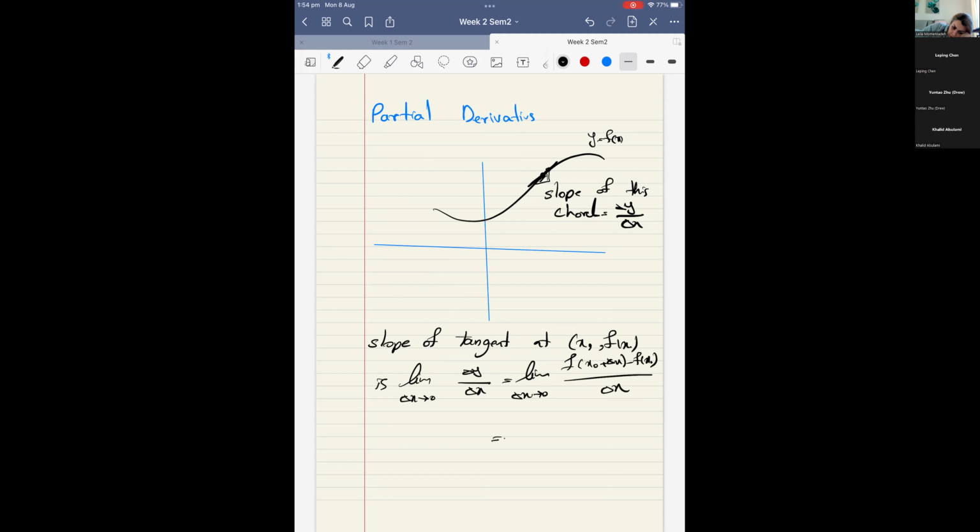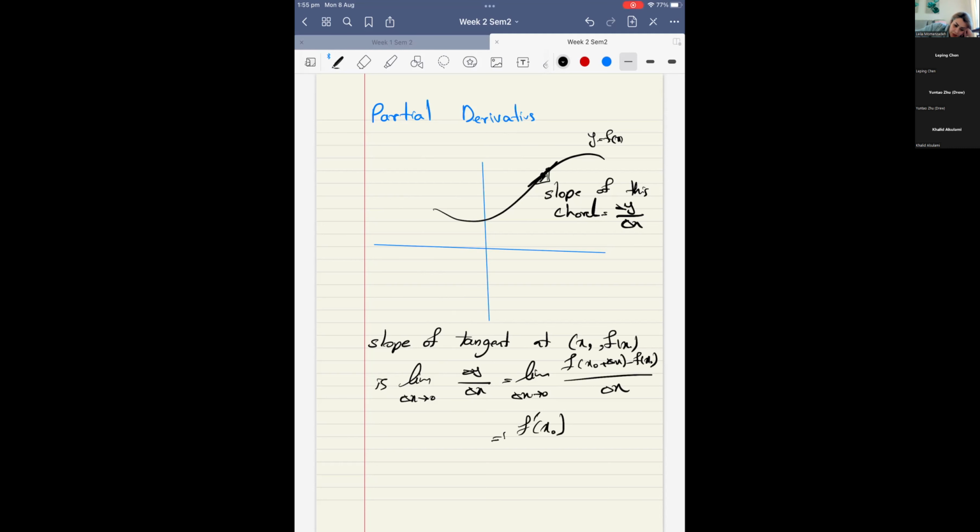It's equal to f prime of x0. Yes, you have this before for finding the derivative. Now you're at this topic, partial derivatives for more than one variable.